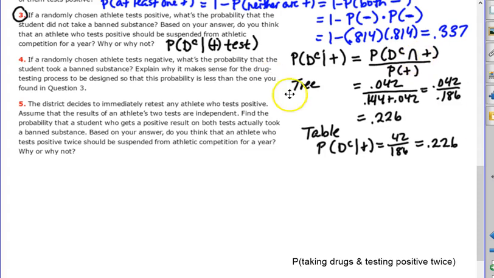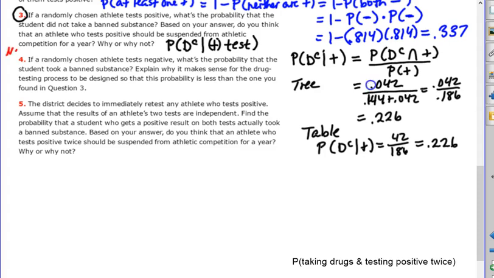Oh, and then by the way, answering the question, do you think that an athlete who tests positive should be suspended from athletic competition for a year? I would say no, because the chance of a false positive, in other words, they tested positive, but they hadn't taken drugs, is quite high. It's over 22% of the positives are false positives.